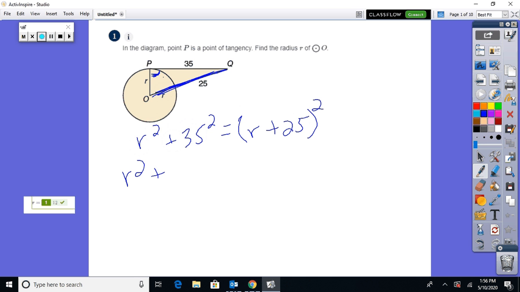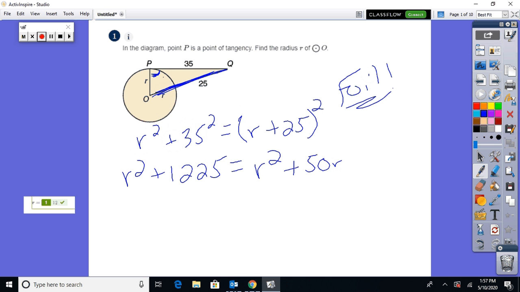I can expand that 35 squared while I'm at it. 35 times 35 is 1225. Now, on the right-hand side, of course, we have the FOIL. So first times first is r squared, outer and inner are both 25r, so I'll put them together, 50r. And then last times last is a positive 625.